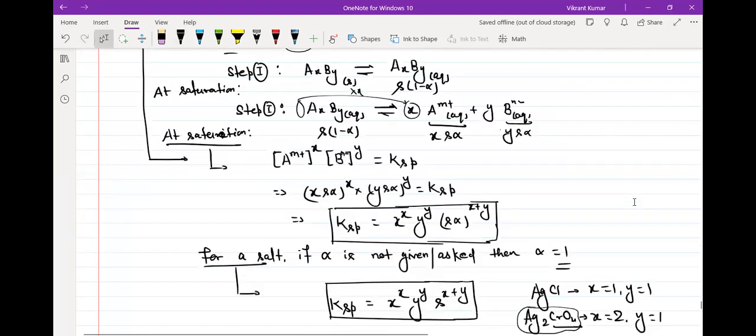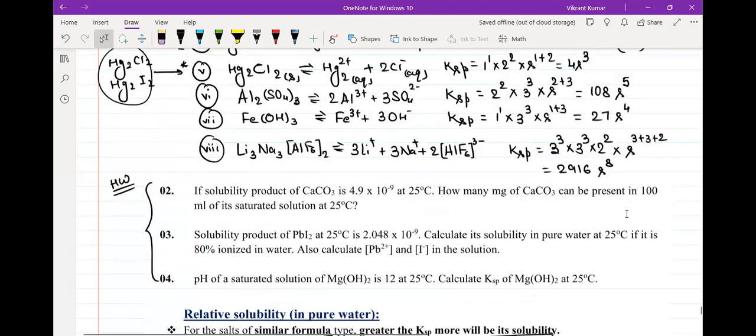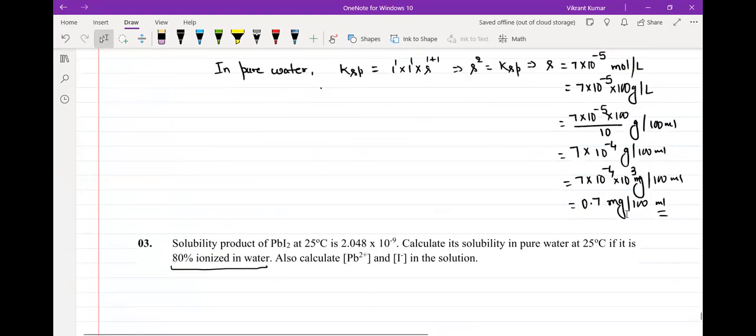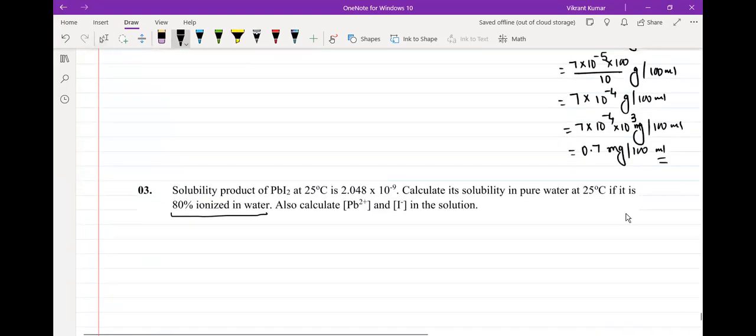If alpha is given, we need to use the first one, ये वाला है ना. And that's why इस question में we need to write, in pure water, we have to write KSP will be.